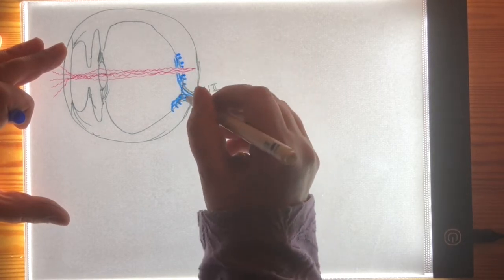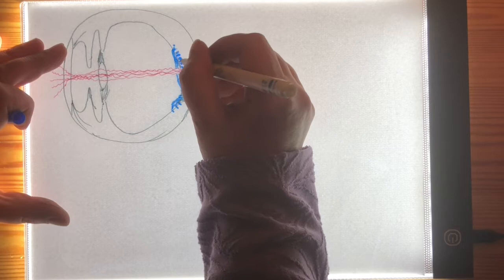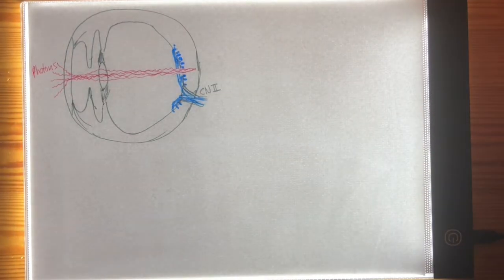The retina is actually filled with 3 layers of cells. There's actually 6 cell types, but there's 3 layers, so we're going to draw all 3 layers. In blue, we're going to draw our ganglion cell layer, and you'll notice that the axons of the ganglion cells actually become the cranial nerve 2, or the optic nerve.